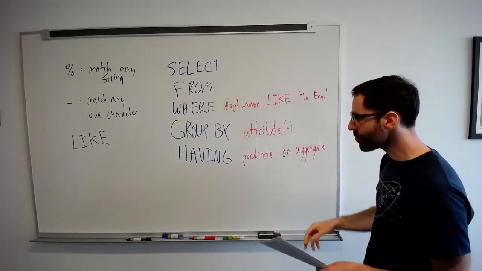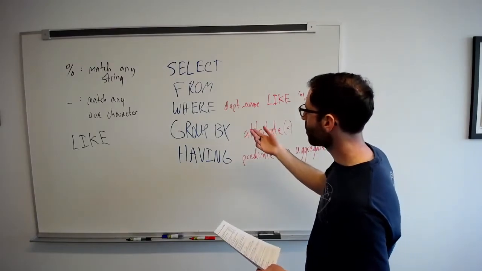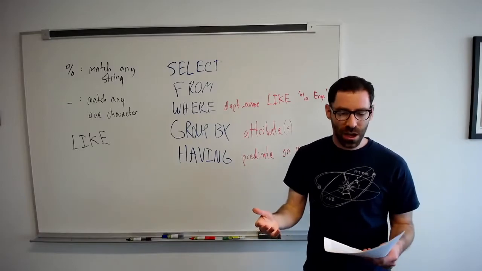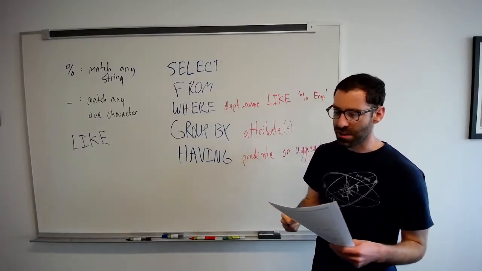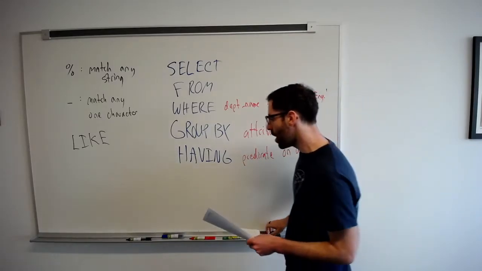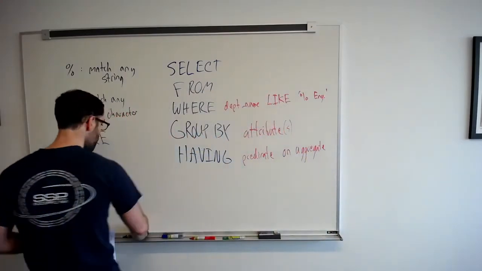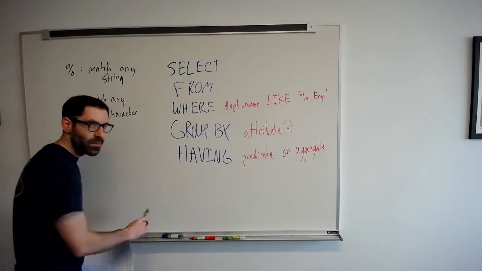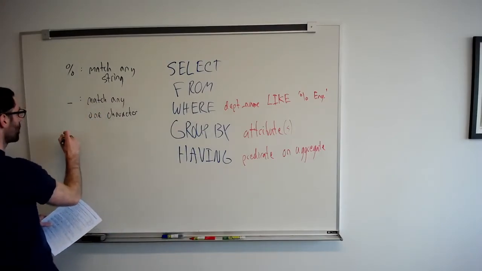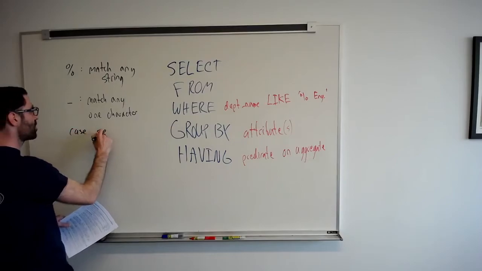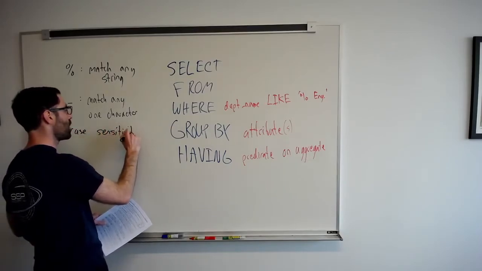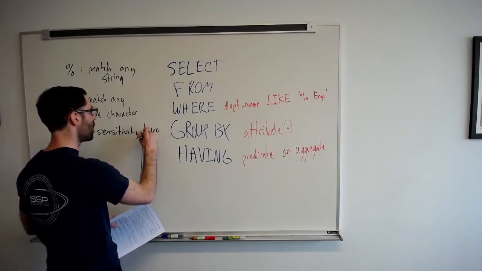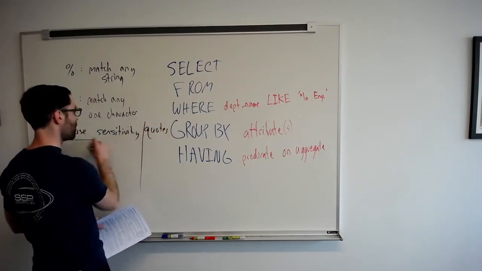Now, there are some differences in how strings are handled in different database systems. The two properties that vary are case sensitivity and quotes.